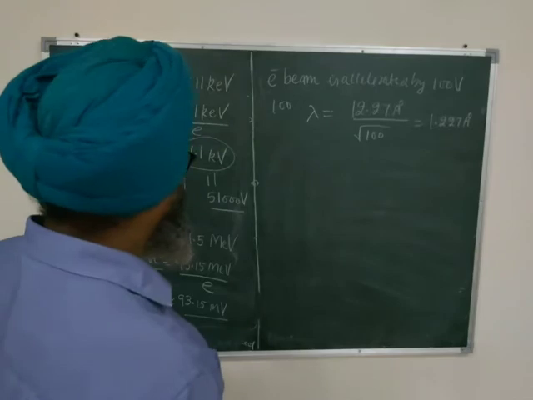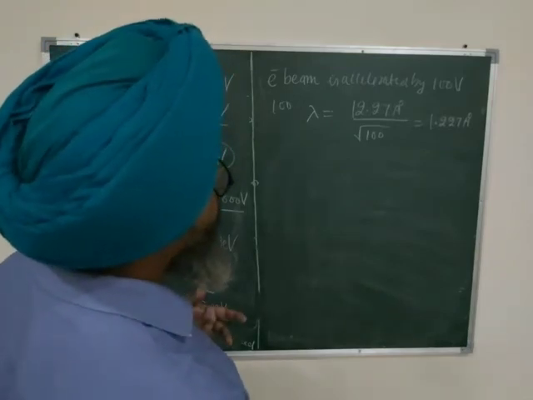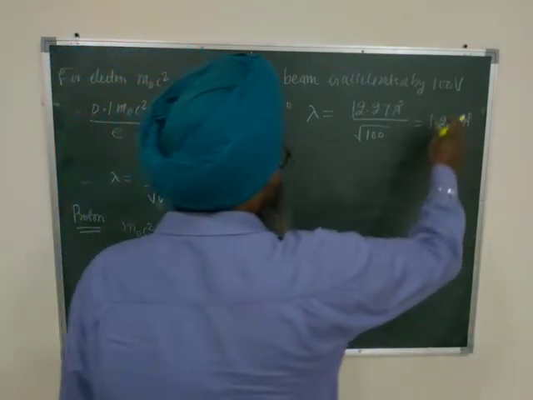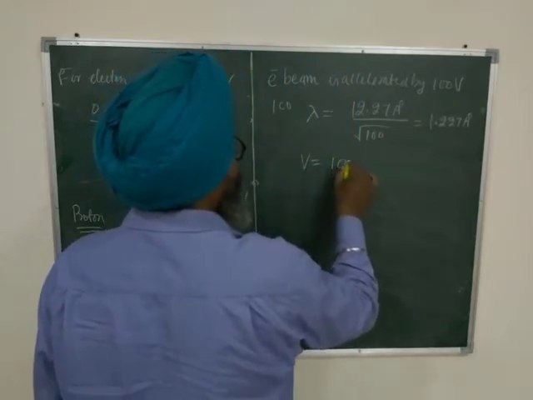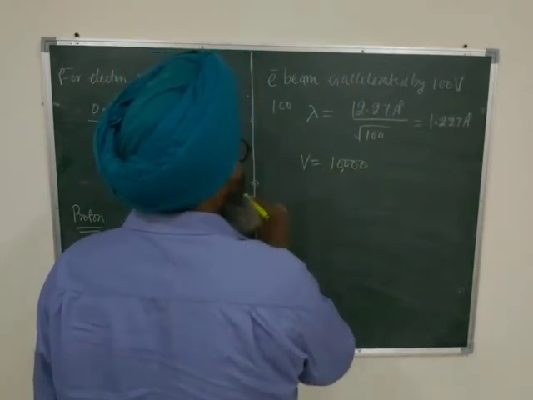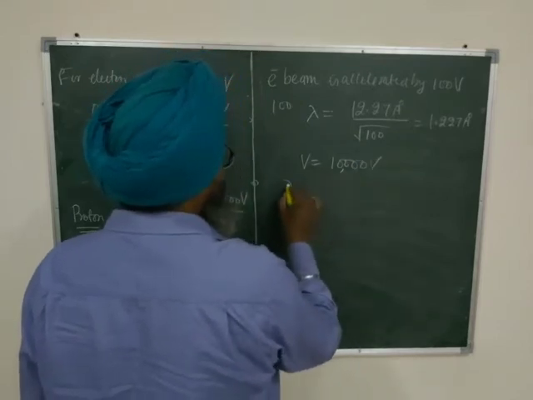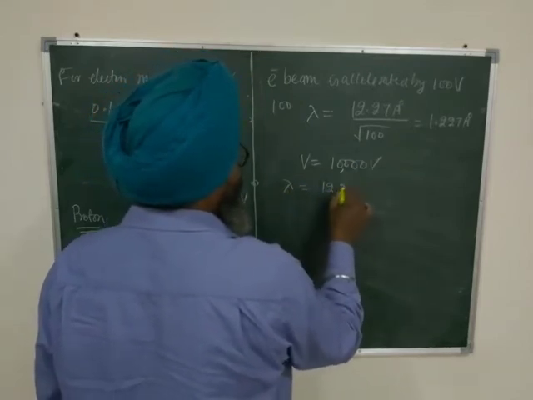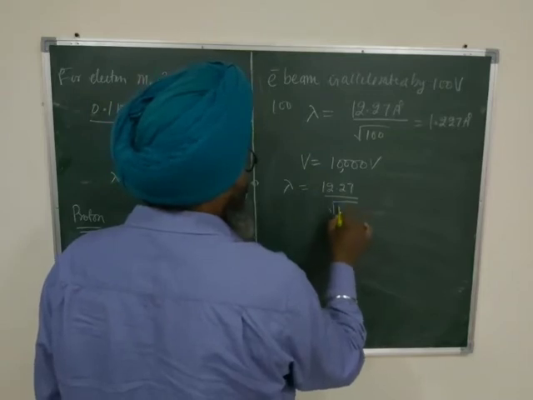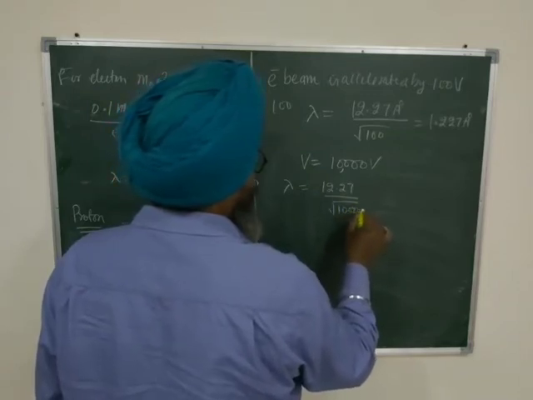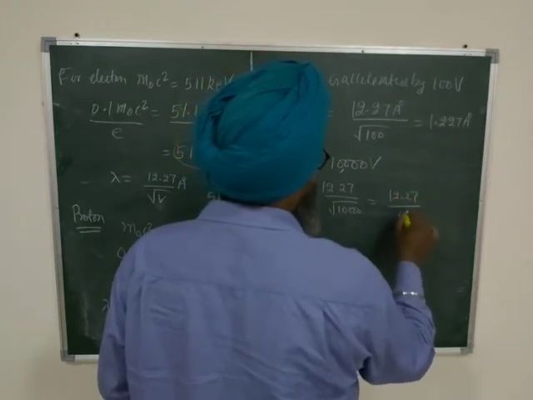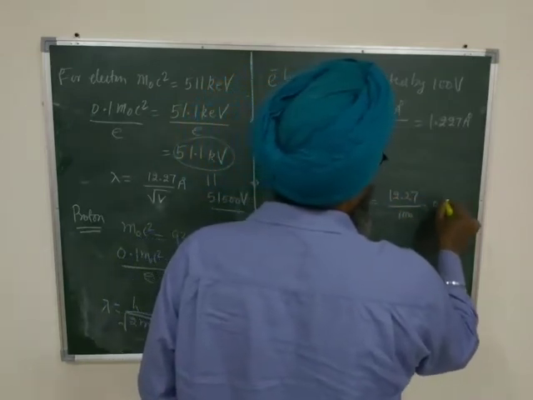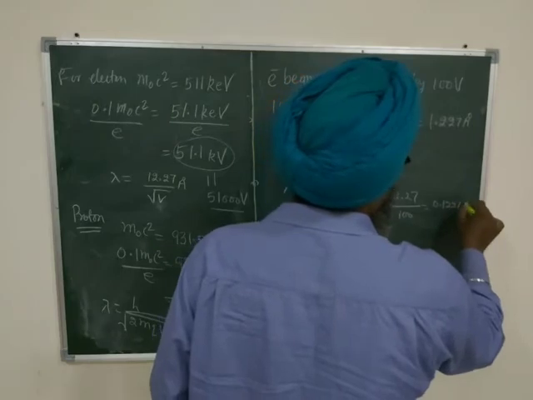Similarly, if I am given that the accelerating voltage is 10,000 volt, then lambda will be equal to 12.27 divided by square root of 10,000, which will be equal to 12.27 by 100. That will be 0.1227 angstrom.